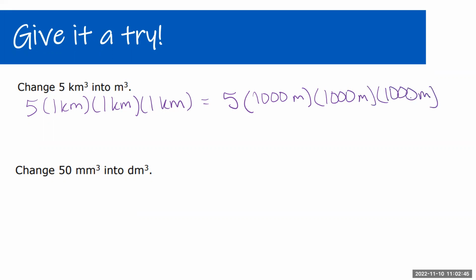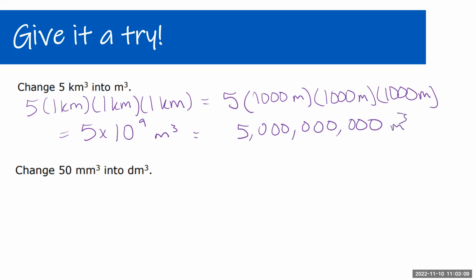And if we plug this into our calculator, it might give us 5 times 10 to the 9th meters cubed, which is going to be 5, 1, 2, 3, 4, 5, 6, 7, 8, 9. Okay. So 5 billion meters cubed.